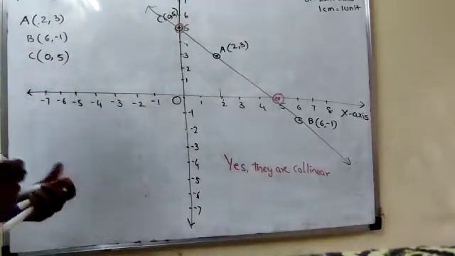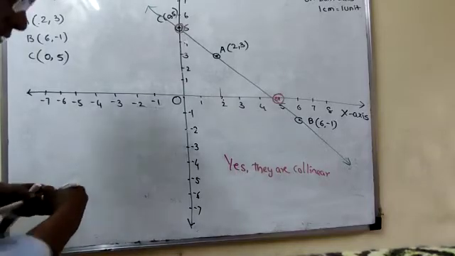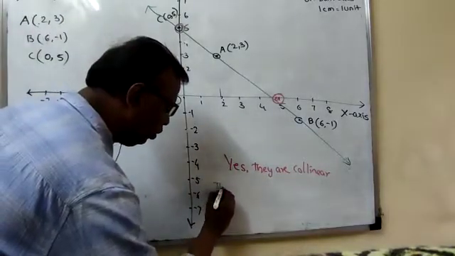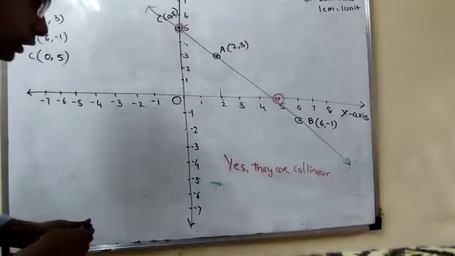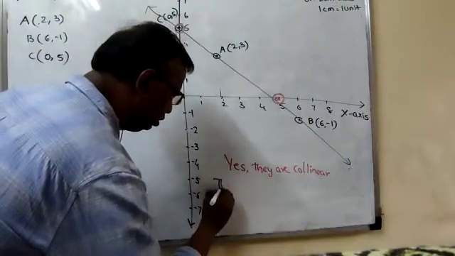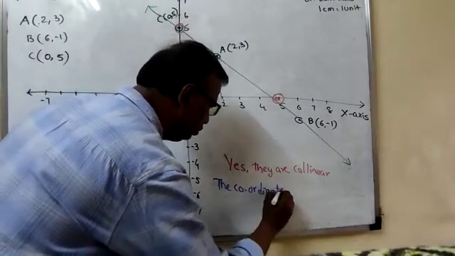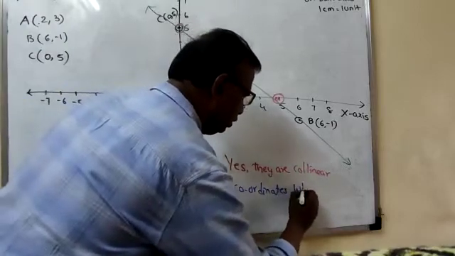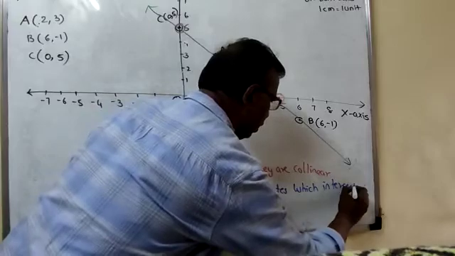The coordinates of the points of intersection on the x-axis and y-axis are, I'll write here properly, the coordinates which intersect the x-axis.